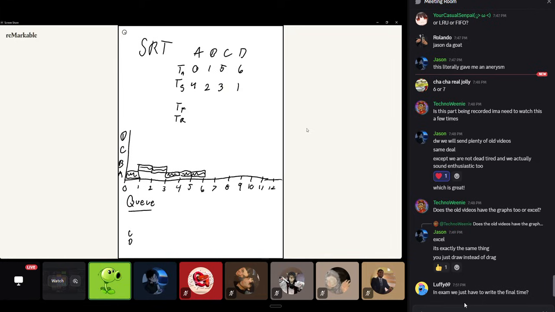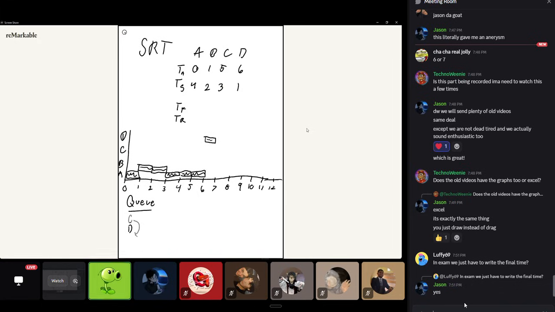What has the shortest one? It's going to be D. D has the shortest one. So we're going to go ahead and do D. And technically, queue-wise, this is what it looked like before. And now because we were at our crossroads, we're going to move C down our queue with 3 left.